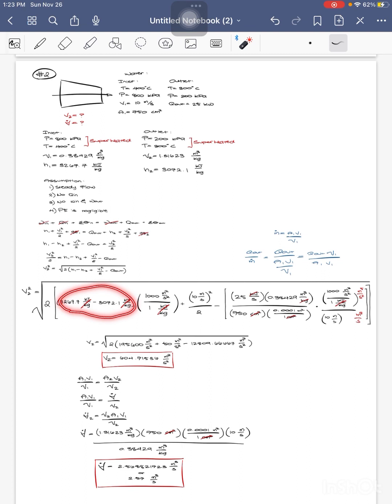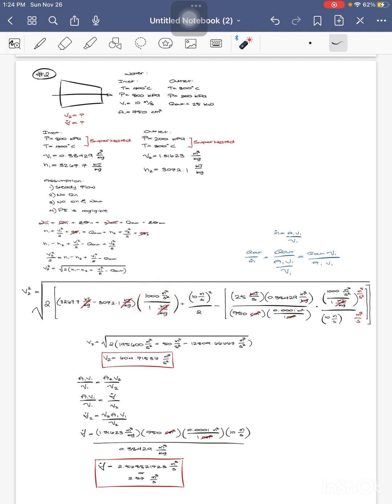For enthalpy, I use this one and this one. Also, to cancel out the kilojoules per kilogram, I used 1,000 meters squared over seconds squared.